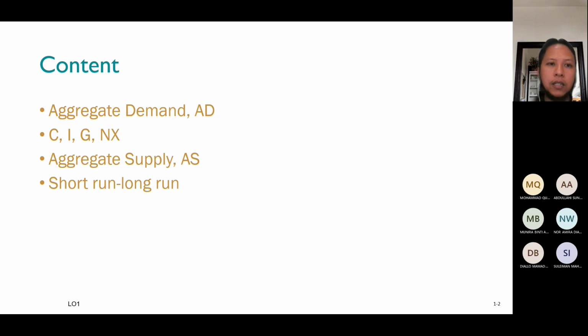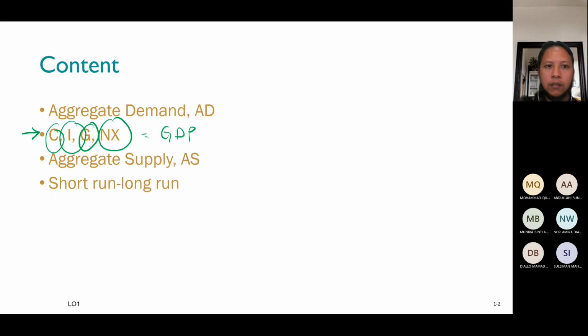So it is basically adding all the demand in the economy together, right? And if you realize all these factors, the consumption, investment, government spending, and net export is basically similar to GDP, right?